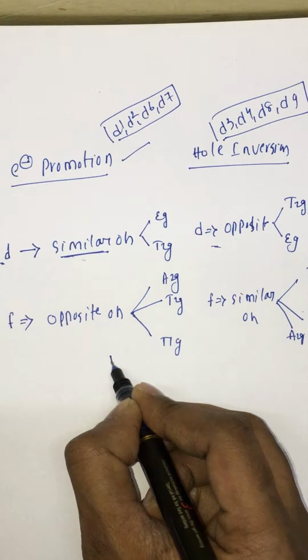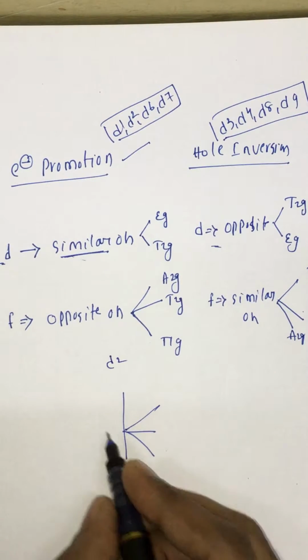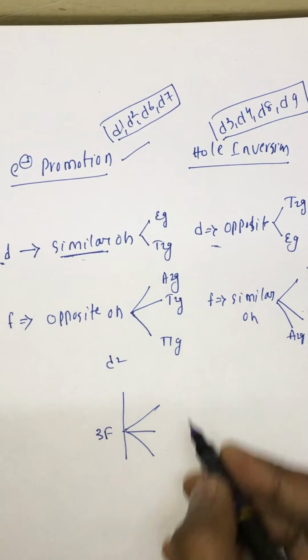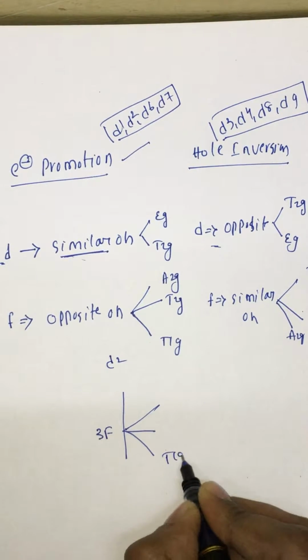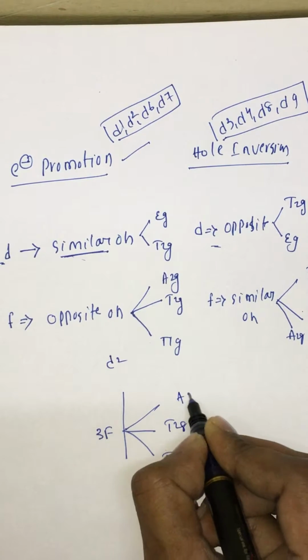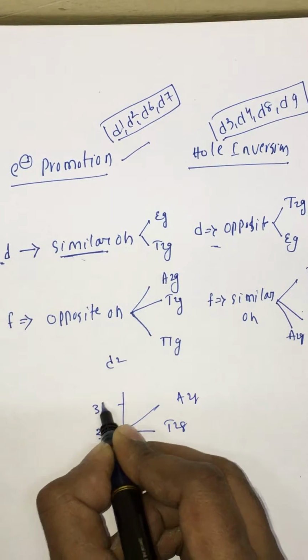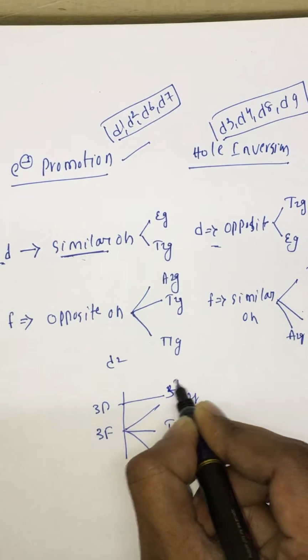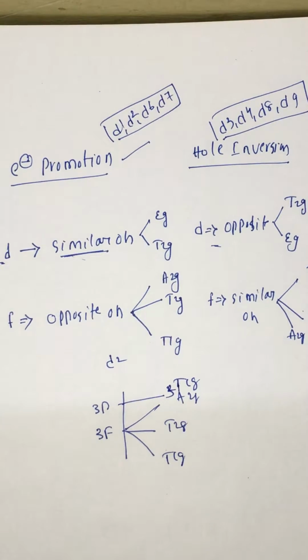Imagine that we take D2. In case of D2, the ground state term will be 3F. So the splitting will be like this. This is T1G, T2G, A2G, and 3P will come here. This will be 3T1G. So the Orgel diagram will look like this.